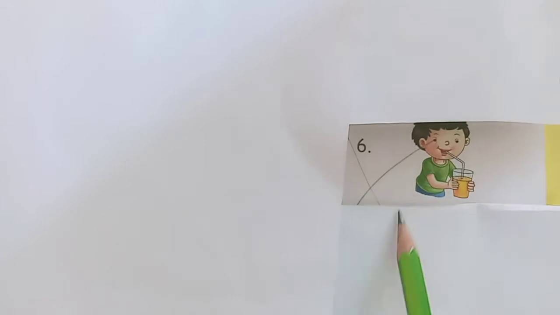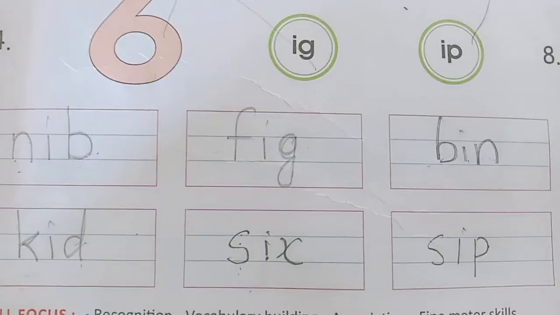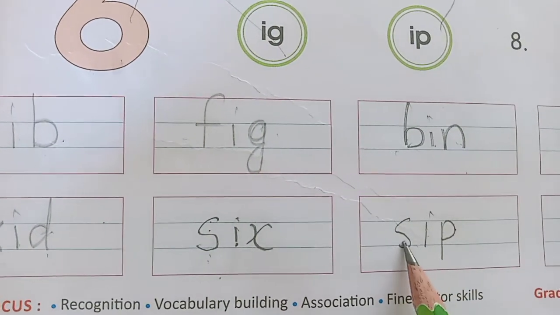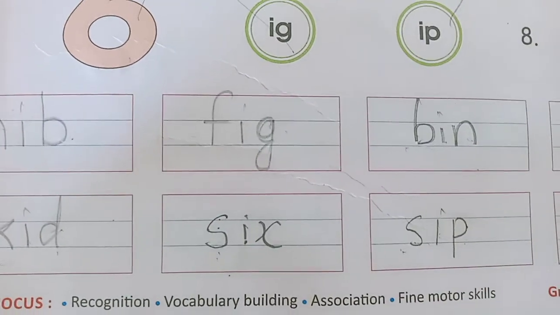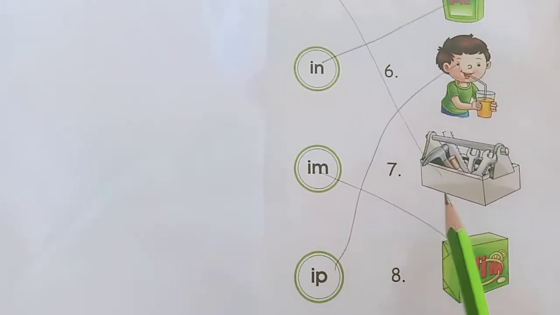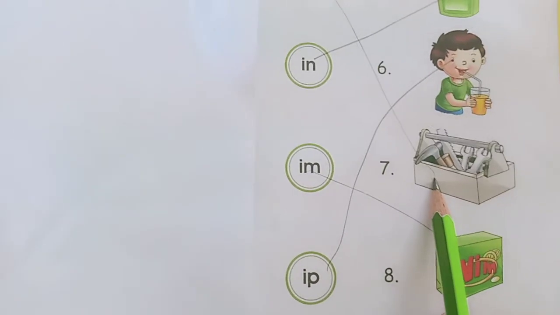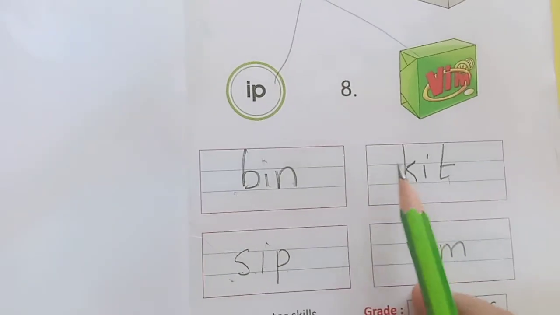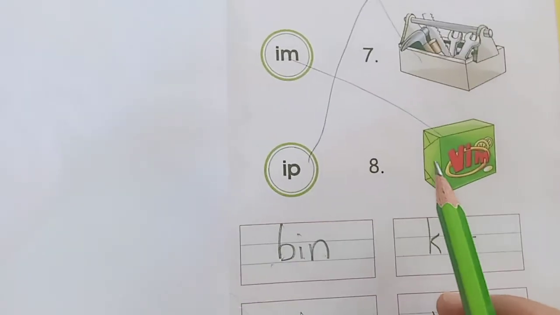Which picture is this? This is sip. What you have to do is write the spelling of SIP, sip. Now the word is complete. Yes, dear kids, which picture is this, beta? This is kit. So you have to write the spelling here KIT, kit. Now our last, which picture is this?